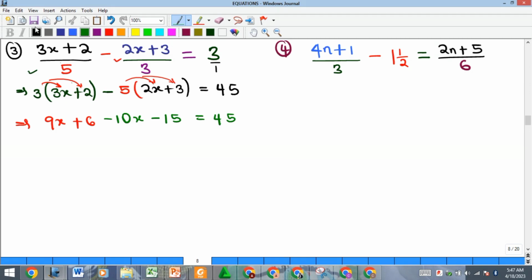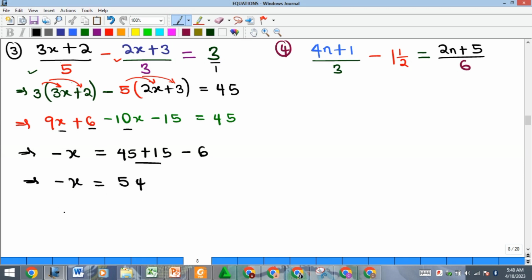Okay, so now I'm trying to simplify. We have x and x here. So if we do 9x minus 10x, that will be minus 1x, which is just minus x. And so we take every other thing to the other side. So we have 45. Okay, so this is going to give us that our negative x is equal to, this is 60 minus 6, and that is 54.